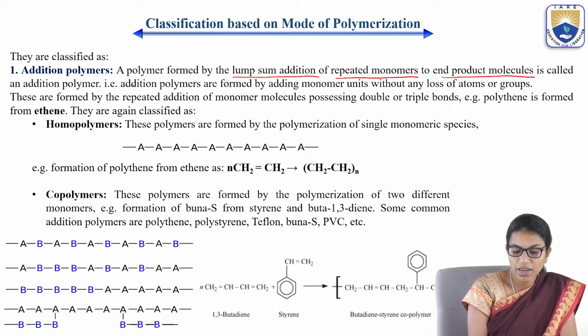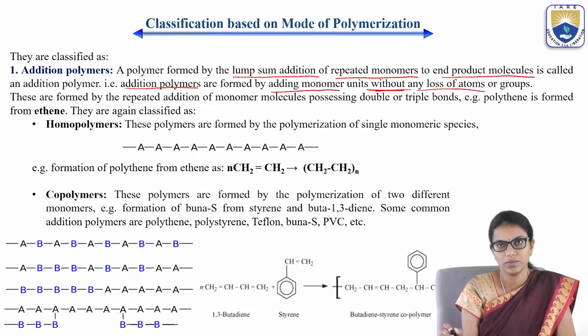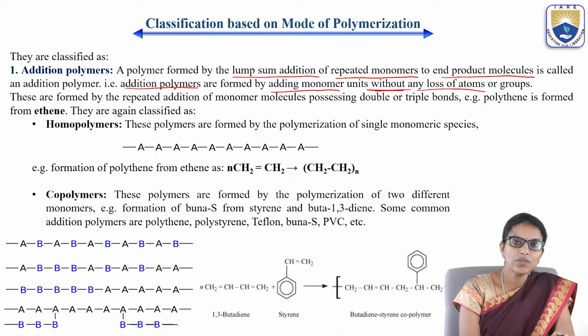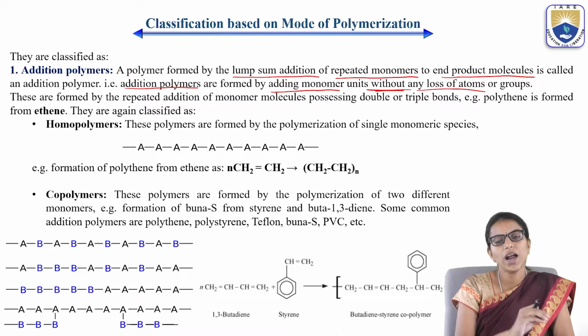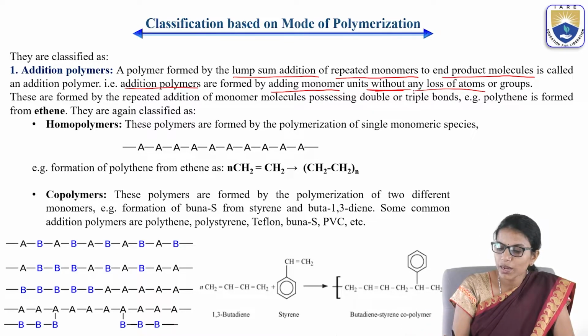That is, addition polymers are formed by adding monomer units without any loss of atom. If any loss of atom is not there, then whatever we are taking as the molecular weight of a monomer, that we will get as a polymer. So any loss of atom or group will not be there.